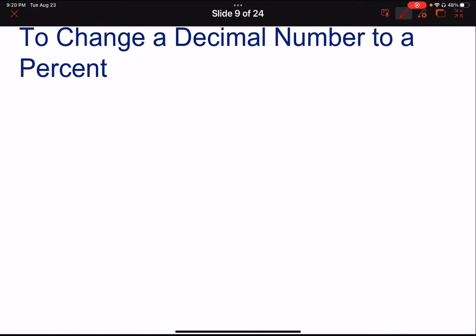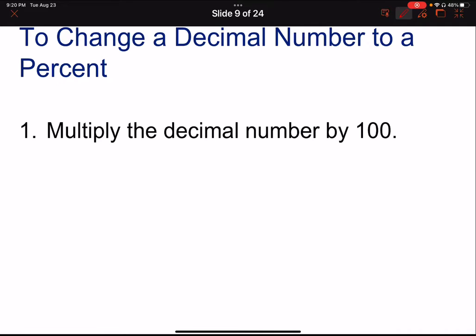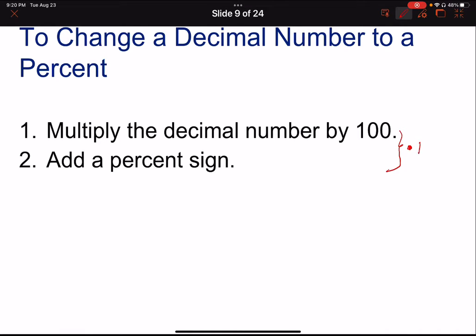Now, how do we change a decimal number to a percent? You do the following two steps: multiply the decimal number by 100 and add a percent sign. Again, those are non-mathematical descriptions. Mathematically it just means multiplying by 100%, which is 1, right? 100% is 1, so nothing has changed.